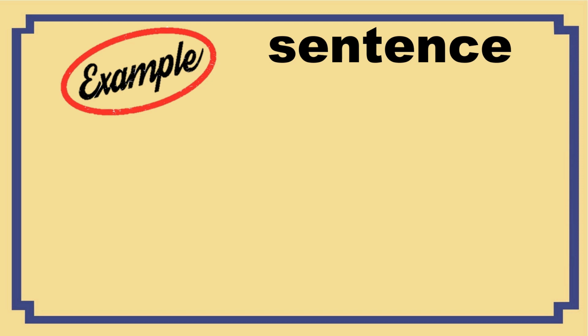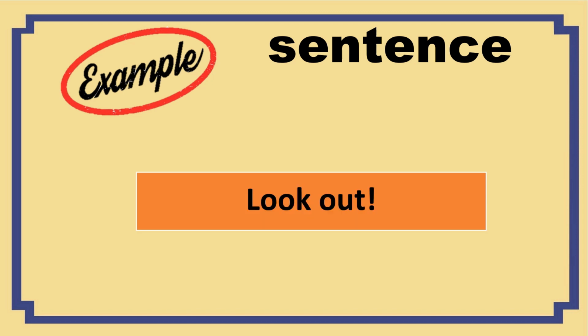Last, we have, look out. In this example, you might think that we only have a predicate, but there is an underlying subject, which is you. This is an example of an imperative sentence commanding you to look out. Hence, it is a sentence.